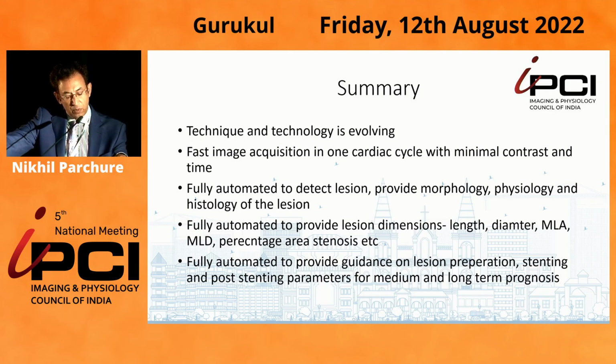Fully automated to provide lesion dimensions in length, diameter, MLA, MLD, percentage area stenosis, etc. And fully automated to provide guidance on lesion preparation, stenting and post-stenting parameters for medium and long-term prognosis. The first step is the technology evolving to provide us meaningful clinical parameters, then testing it in randomized clinical trials before it comes out in clinical use. Thank you very much.